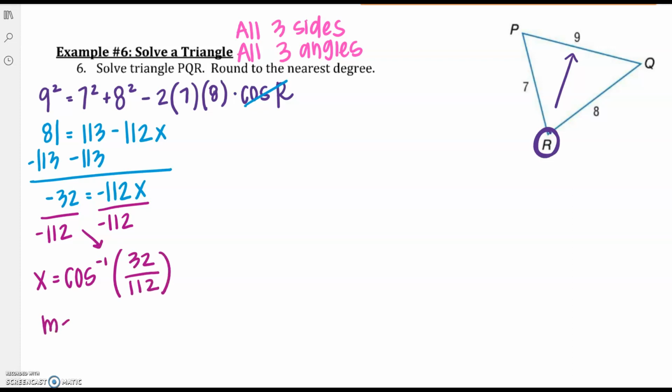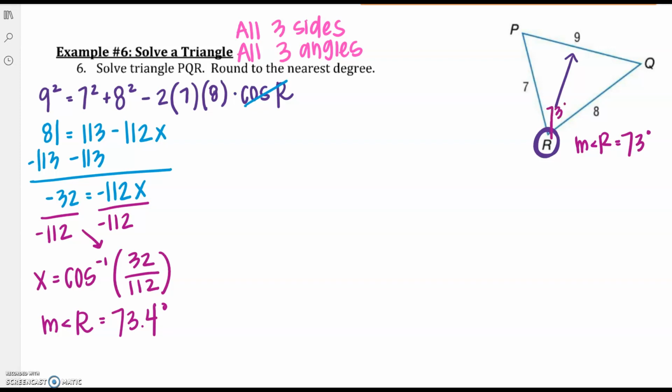So the measure of angle R equals, I'm going to put that in my calculator, inverse cosine, and I'm rounding to the nearest degree, so this is 73.4 degrees. So I'm going to go over here, the measure of angle R equals 73 degrees. All right, so I have one angle.